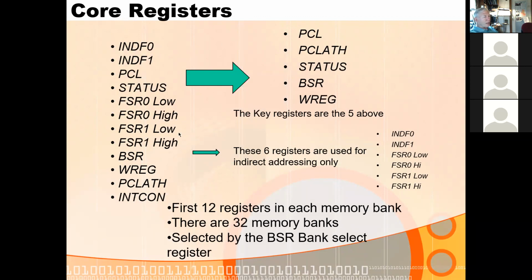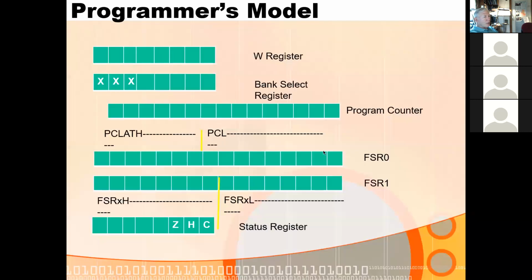One of the things I didn't say, I'm going to say it now. When you want to reference, if you were to use these indirect registers, remember they're divided into 2 8-bit parts. And they're file select register 0 and file select register 1. So those are the 2 indirect registers.